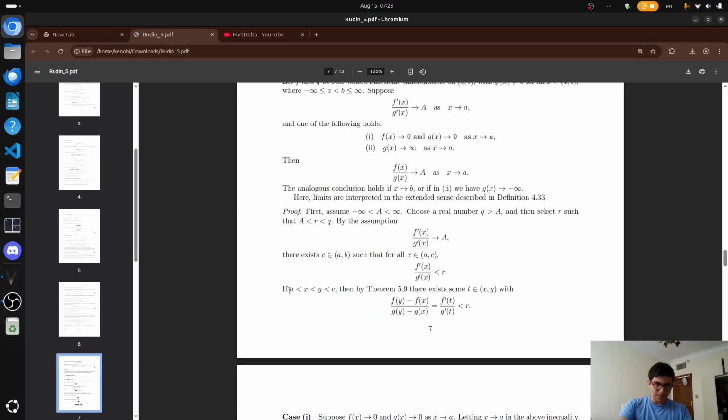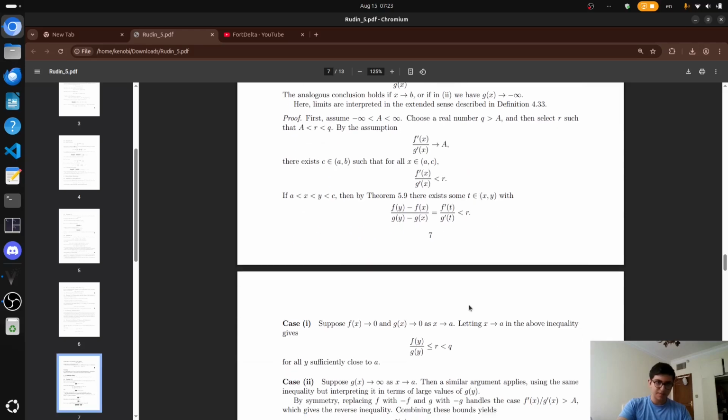And if a is less than x less than y less than c, we have that this is equal to this by the mean value theorem, is less than r, and f of x and g of x go to 0 as we let x go to a, and we're left with this.